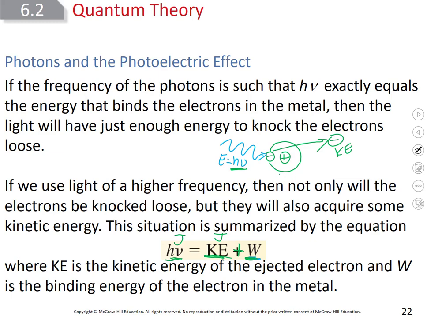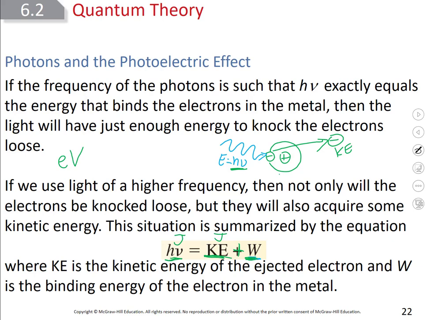I'm not going to give it to you in joules. Binding energy is usually reported in a unit called electron volts, eV, or the voltage of an electron. So an electron volt is related to, way back in chapter 2, R.A. Millikan's oil drop experiment measuring the charge of an electron.